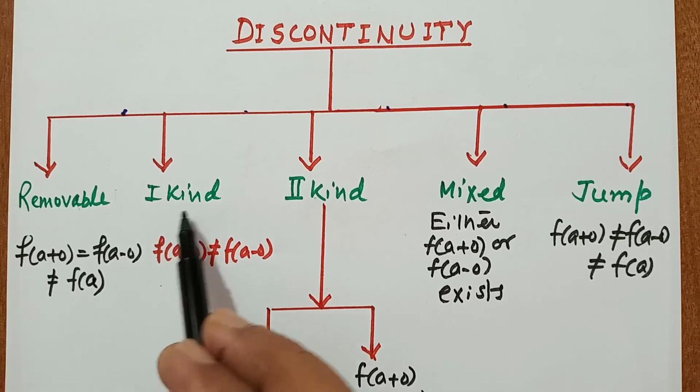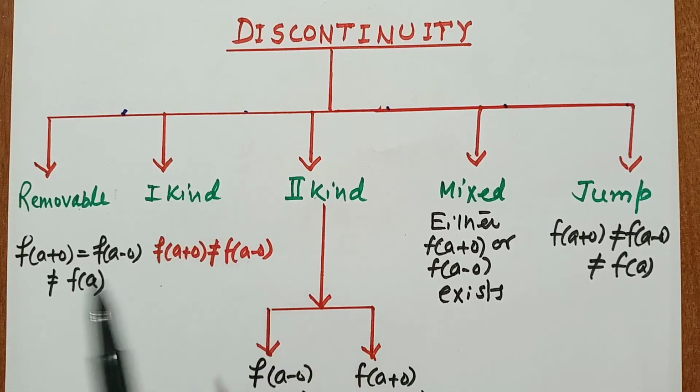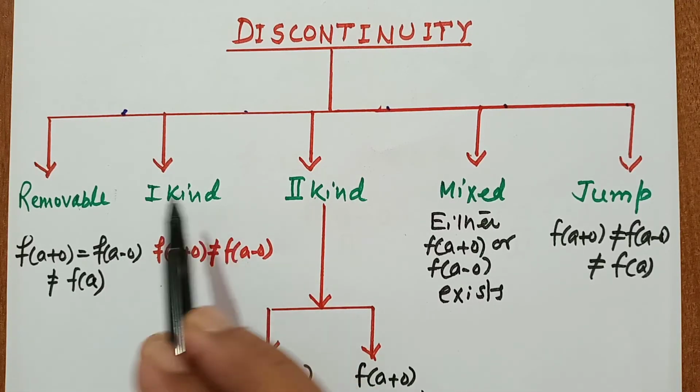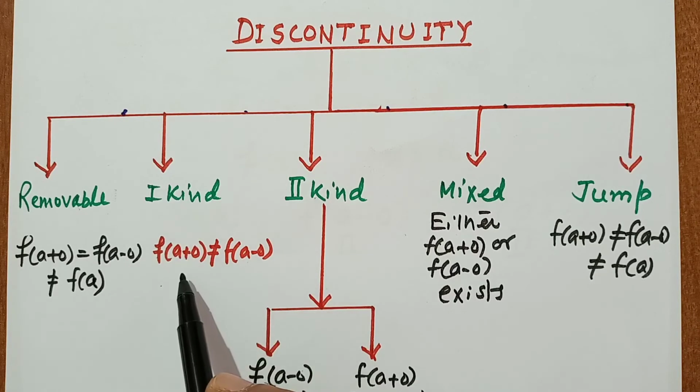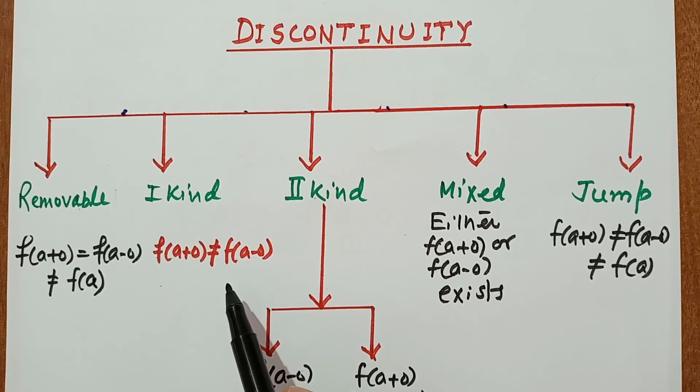Next, discontinuity of the first kind says the left hand limit does not equal the right hand limit. This type of discontinuity is called discontinuity of the first kind.